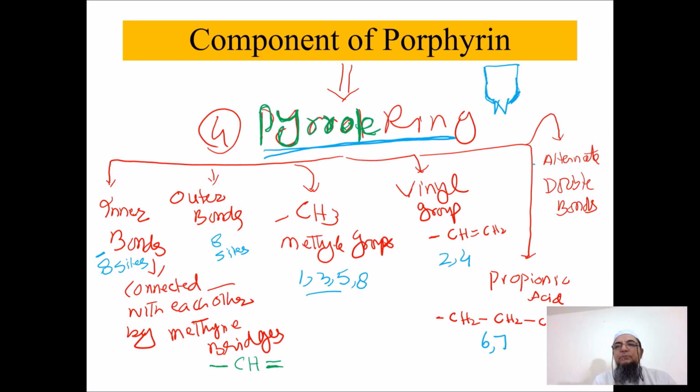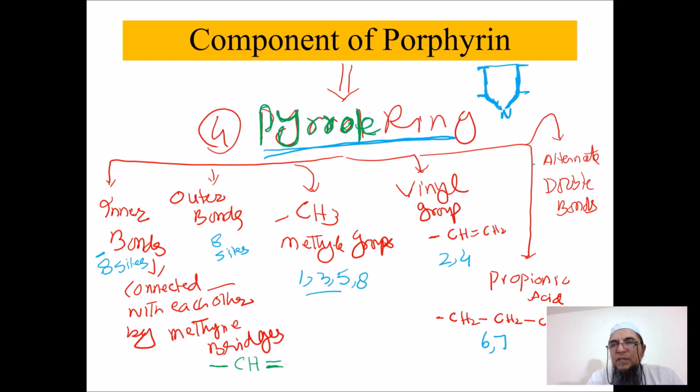Number 1, as I said earlier, I describe it in this way, that it has an inner bond and an outer bond. This bond, I call it an inner bond, where it is attached to nitrogen. And this bond which is on the outer side, I call it the outer end or outer corner.